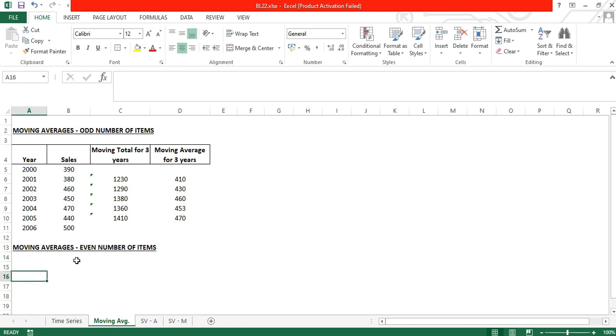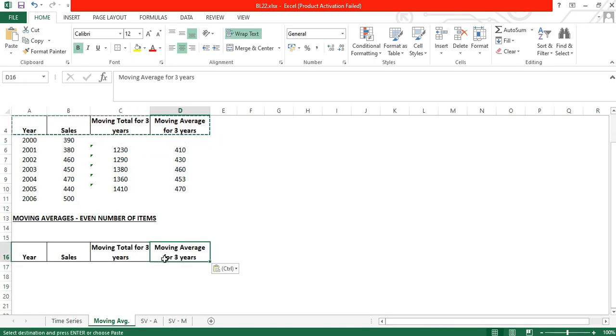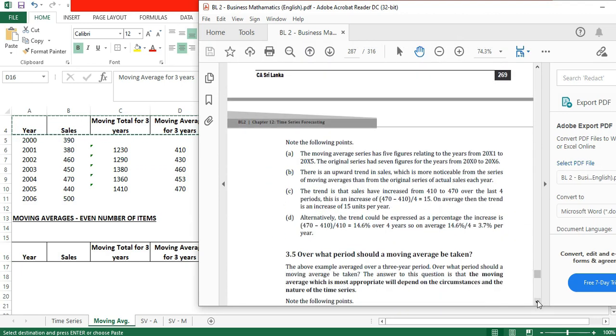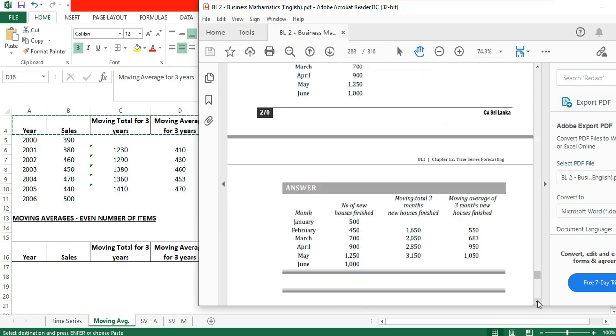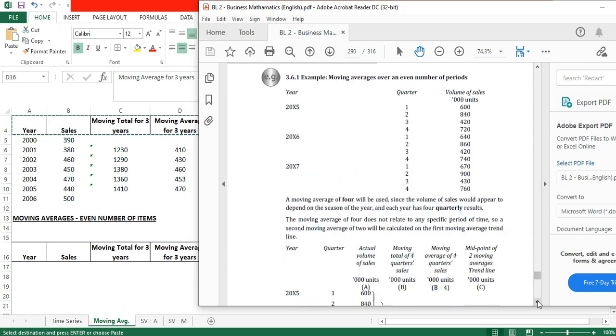We will take the same columns, but let's look at a different example because this data set has only odd numbers. I'm going to take a different scenario.